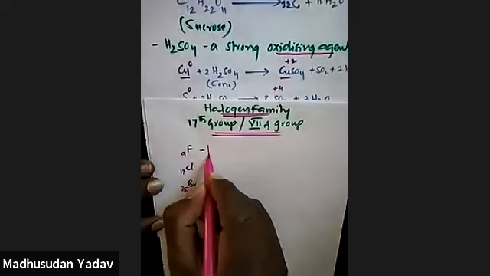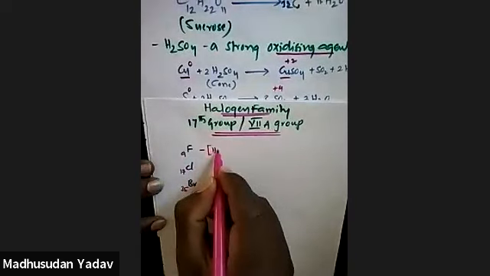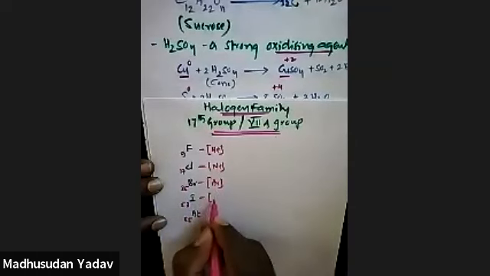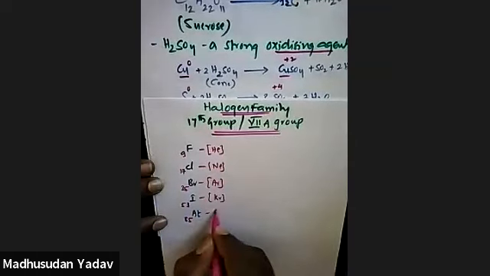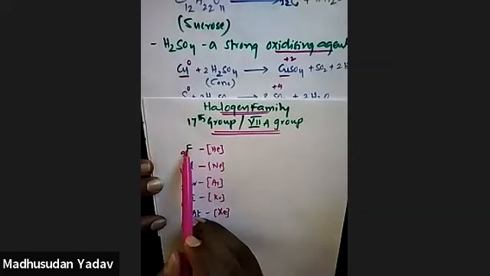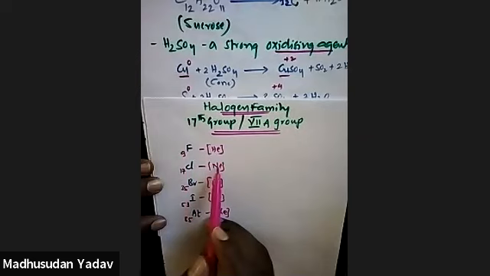After helium comes neon, then argon, krypton, xenon. Fluorine, after that fluorine, neon you will get actually.